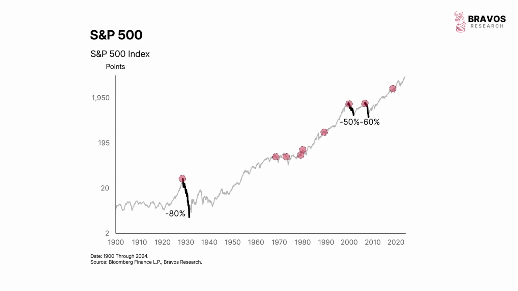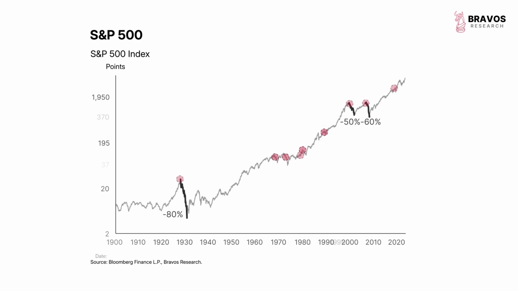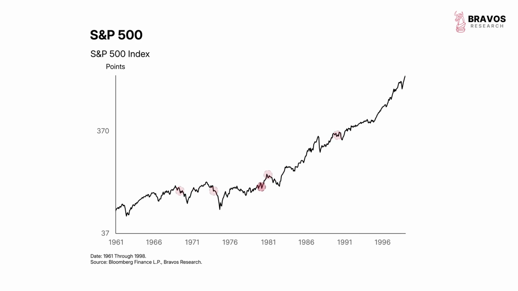Of course, like any indicator, there are exceptions. 1979 right here is a great example where the stock market actually continued to move higher, but as you can see, even in that episode, the economy did not escape a recession.